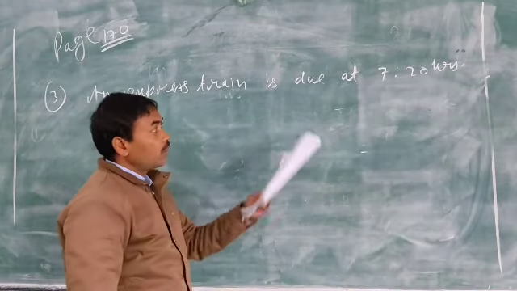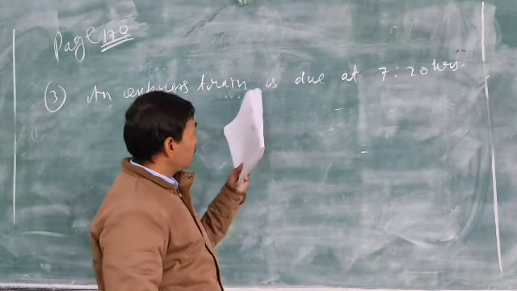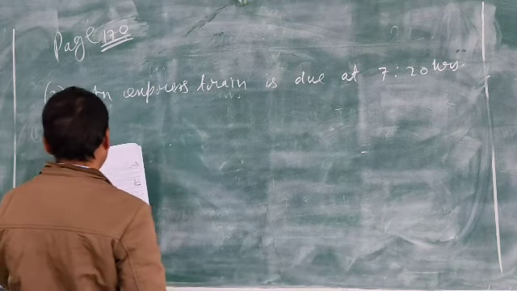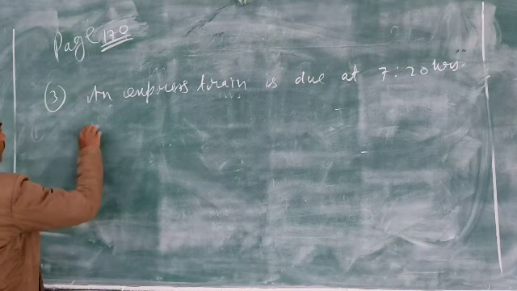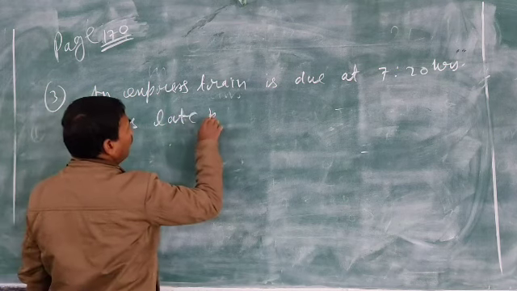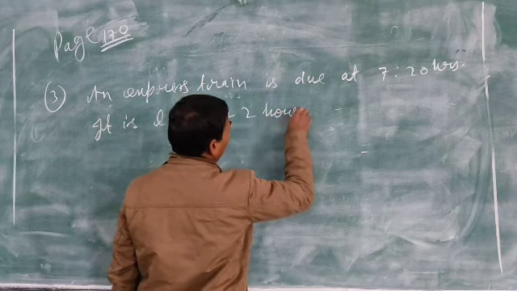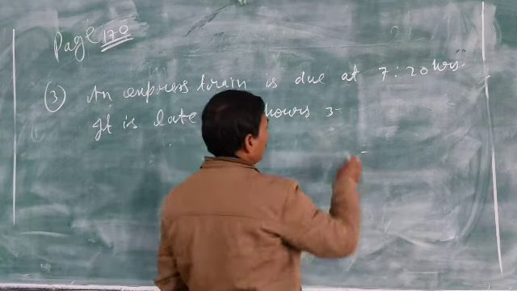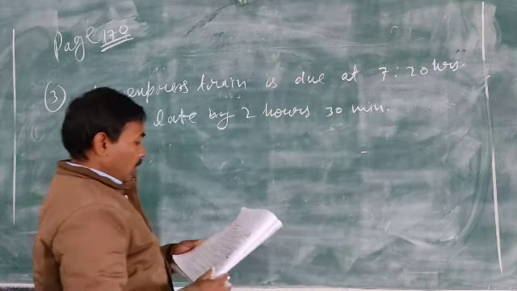This timing is given in 24-hour time, like the railways. So 7:20 hours. It is late by 2 hours 30 minutes.